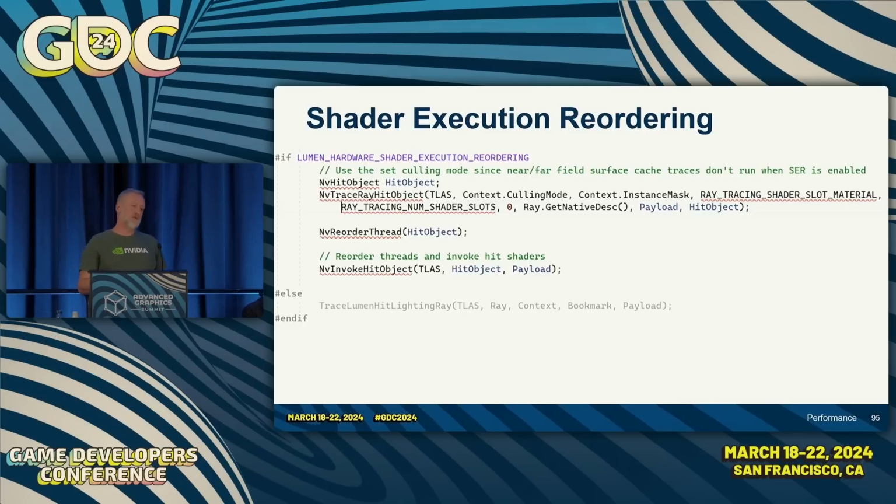We can take a trace ray command and split it into effectively 3 NVAPI calls in the HLSL shader. And we can do a trace to get to the object and identify the hit object, do a sort on the hit objects, and then do the evaluation and continue on our way. Now, we can do things a little bit more complicated, but just doing this 1-line to 3-line transform is all you really need, and this is worth frequently 20 to 50% improvement in performance in our reflection shader that we were looking at.